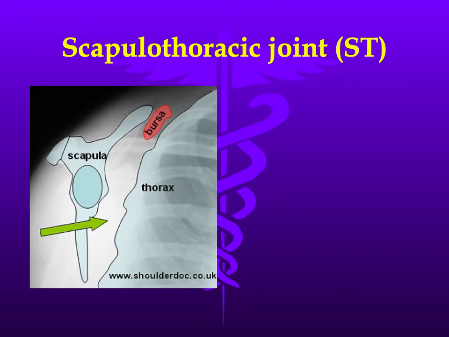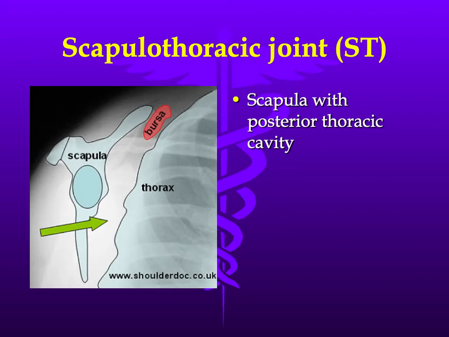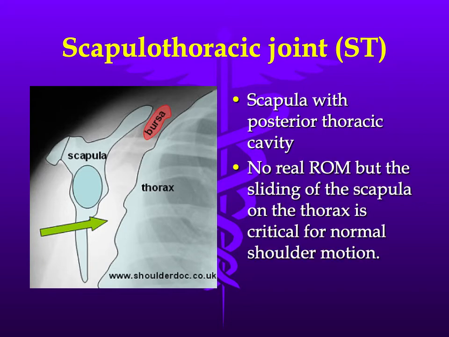And our last joint is the scapulothoracic joint, or ST joint. This is where the scapula articulates with the posterior thoracic cavity, or the back of our ribs. It's really no range of motion, but the scapula has to move anytime we move our arms. The scapula moves all over the place, but it doesn't really have a defined range of motion.